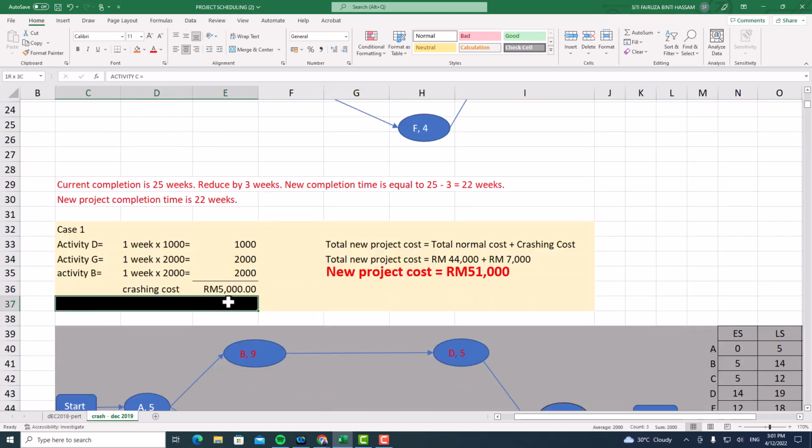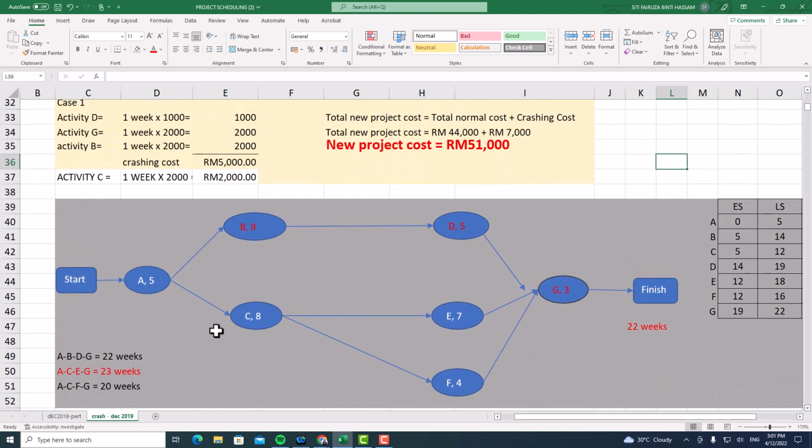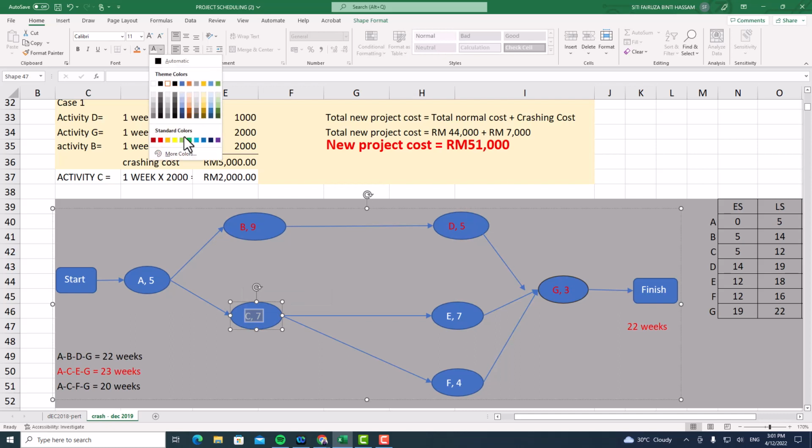So here, you will get activity C, 1 week times 2,000 the cost, and then you will redraw again. So here, instead of 8, you have crashed by 1 week, so the new time is 7. Okay, and then you will calculate again.